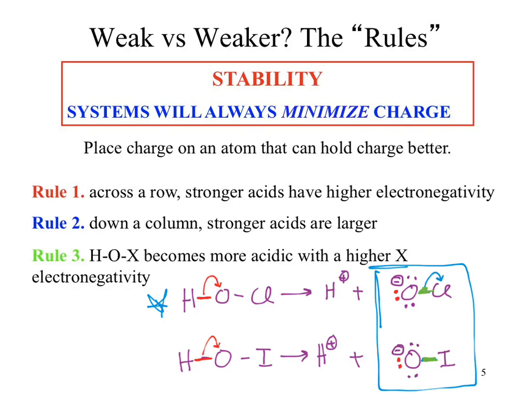Which rule can we use? Rule 2, which atom is larger, iodide or chloride? Iodide. Which one's the stronger acid? HI, or hydroiodic acid. So we can still use these rules to even put rankings within our strong acids. But I don't think I ranked them necessarily on the slide.